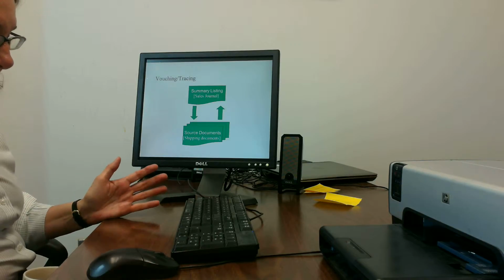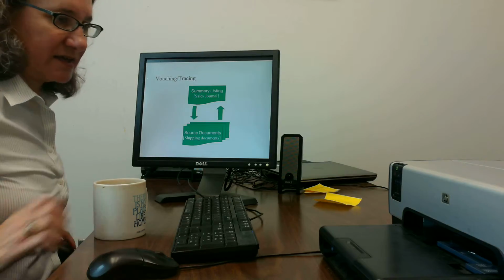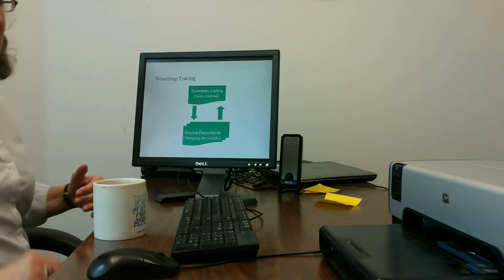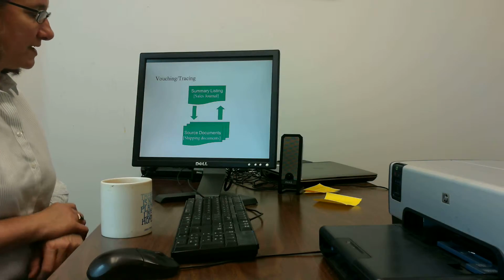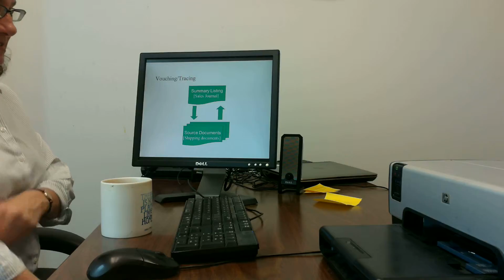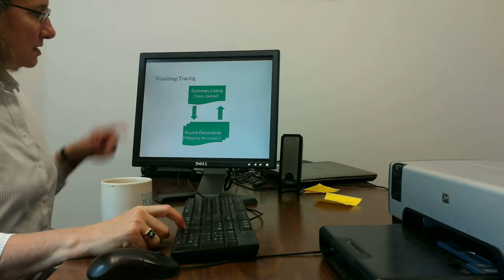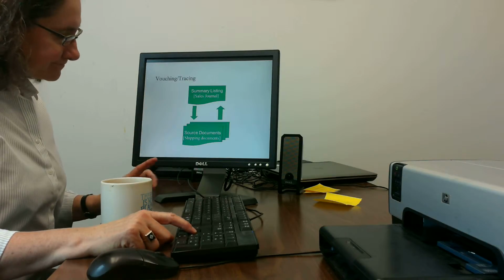In order to test controls and do some standard tests, I'm going to do things like inspections and inquiries and confirmations and analytical procedures. And one thing I'm going to do is inspect documents. Now, when I inspect documents, I'm doing two different things, all right?